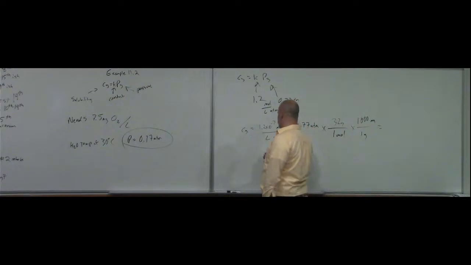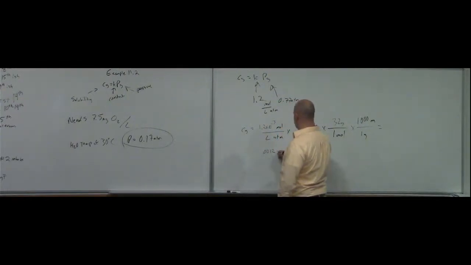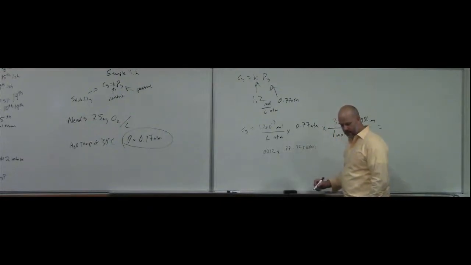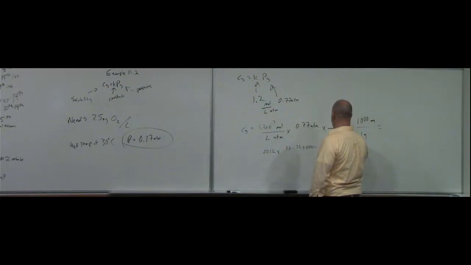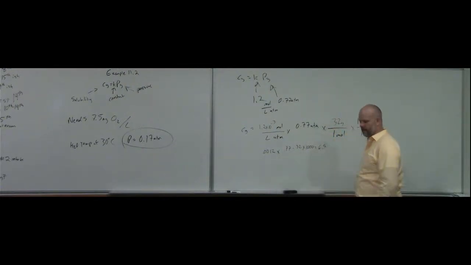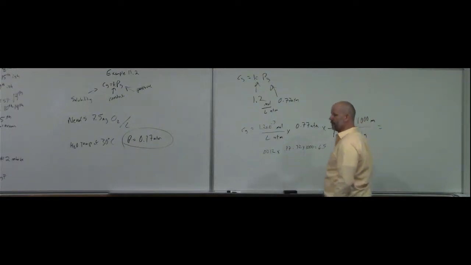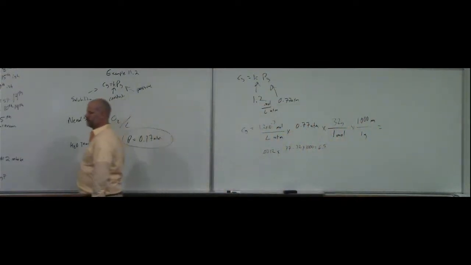So if we just go 0.0012, remember my calculator does not do well with this, times 0.77 times 32 times 1,000, we should get about 6.5. I don't know what, so I'll try again.